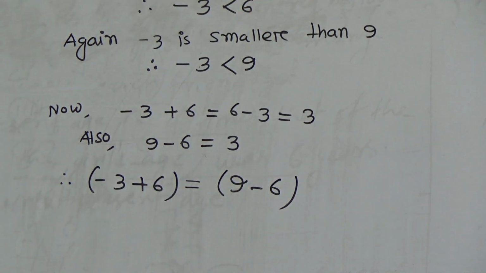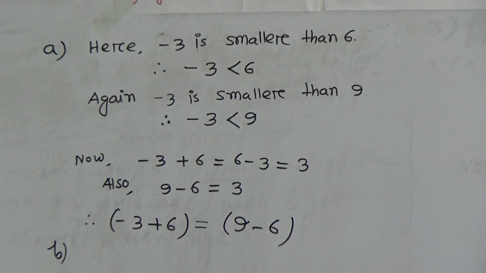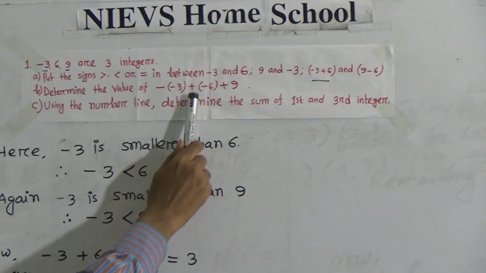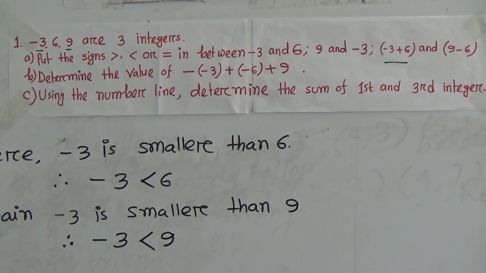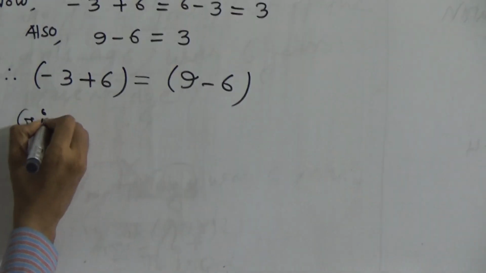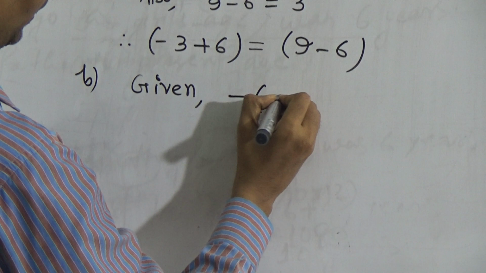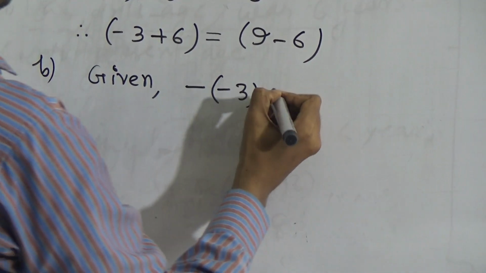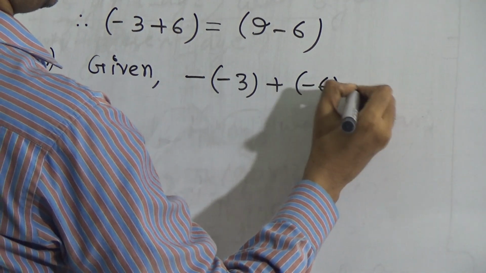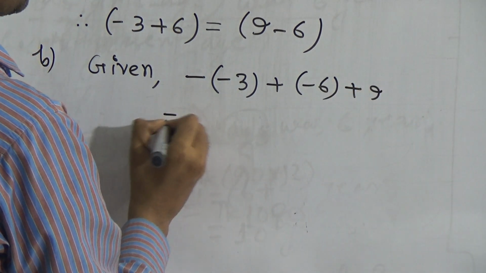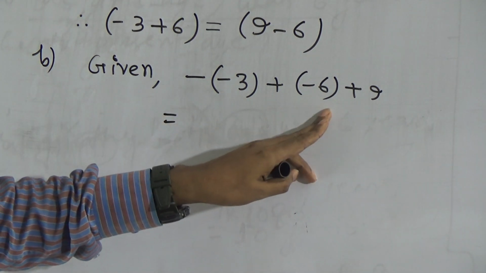Now I will solve question B. Determine the value of -3 plus 6 plus -6 plus 9. Okay, right here given -3 plus -6 plus 9.